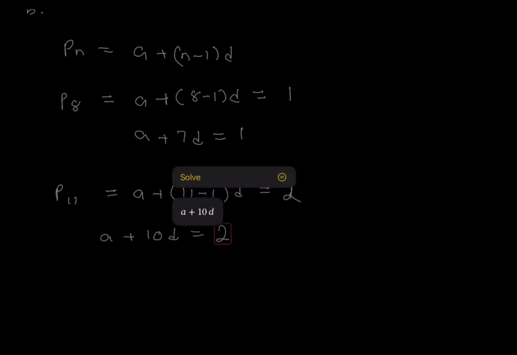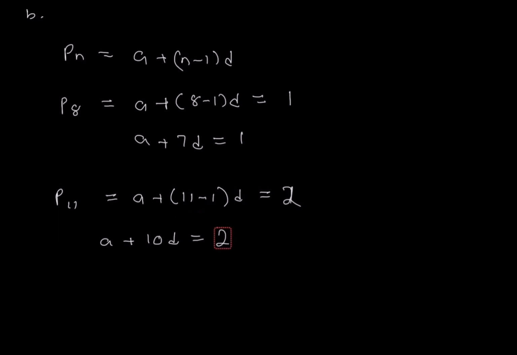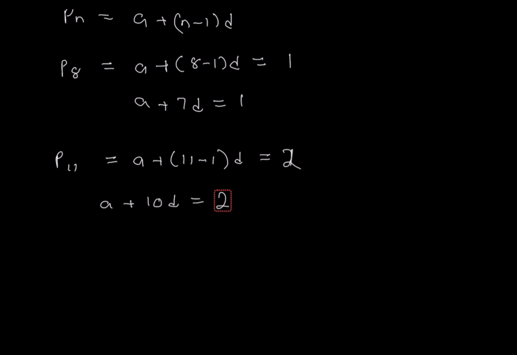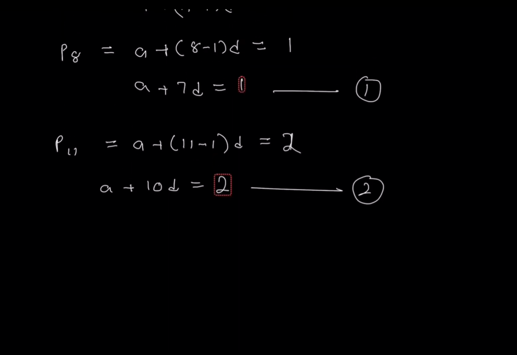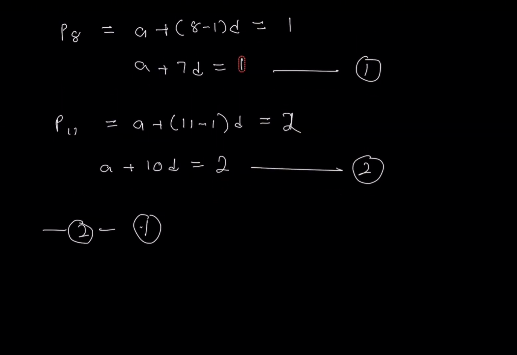Here we can take, let's call this equation 1 and this equation 2. We can say equation 2 subtract equation 1, so that we can cancel these two a's.